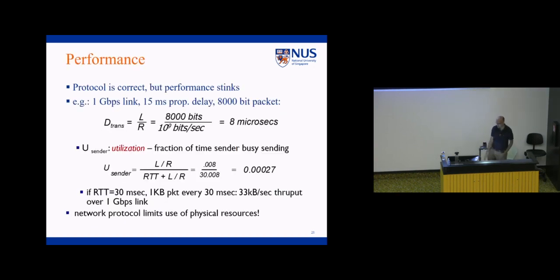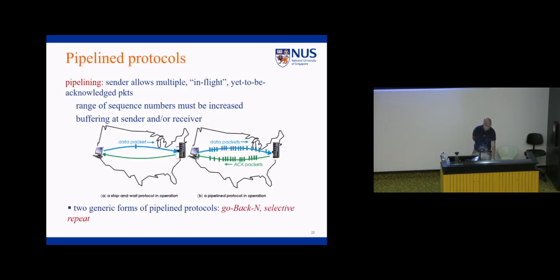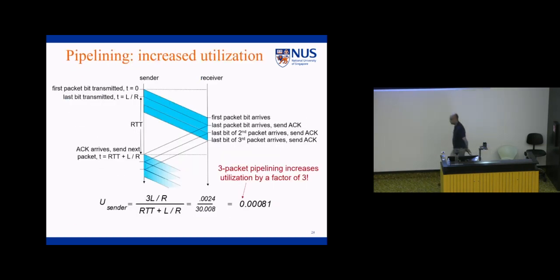And last time we talked about the performance of this basic stop and wait protocol, and we saw that the performance in terms of the utilization of the link may not be very good with pure stop and wait. So one way of avoiding that is by allowing for pipelining. Here you're allowed to send multiple packets at a time before you need to wait for an acknowledgement.